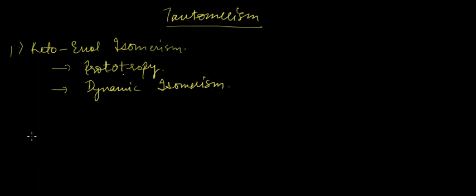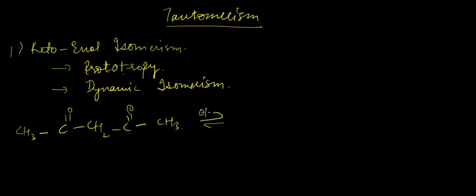Okay, so let us see an example to understand this better. So we have this compound, and what will happen in this case when it is placed in a basic medium?